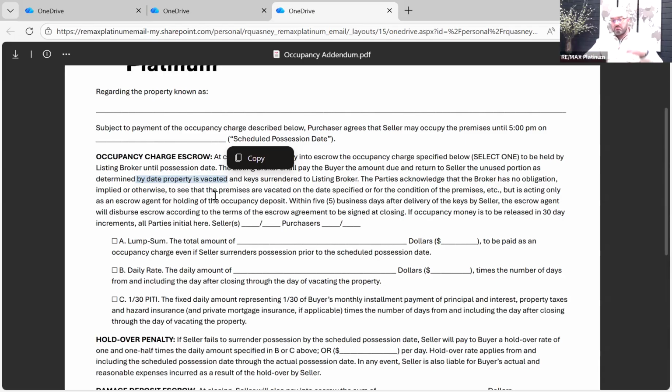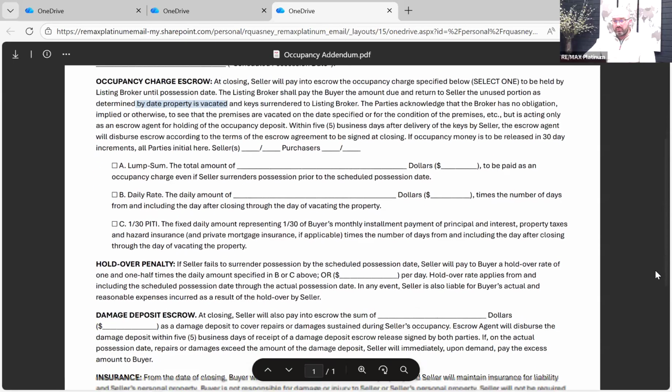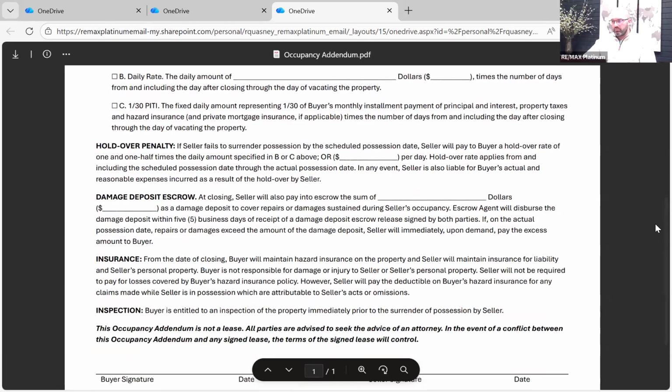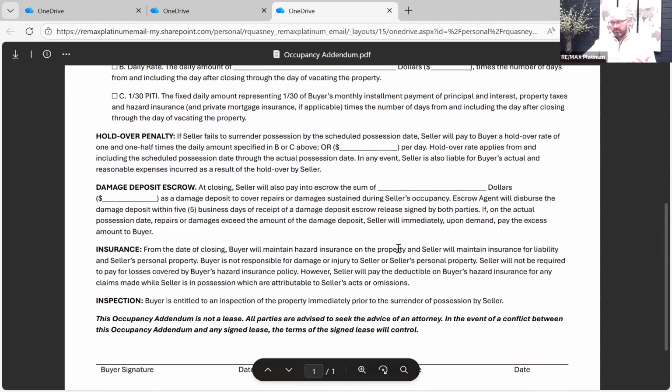Even though you turned in keys, you didn't do both vacate and turn in keys. And therefore occupancy is still going on, and this holdover penalty can then apply until you remove all the stuff and properly vacate. So that would be one point of leverage on the stuff in the garage.